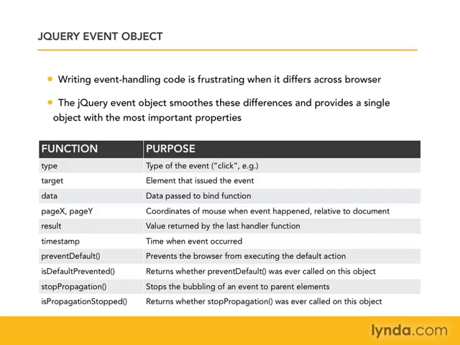You can stop that from happening by calling stopPropagation. It will simply stop the event right in its tracks. And similarly, if you call isPropagationStopped, you can see if stopPropagation was ever called on this particular event object.